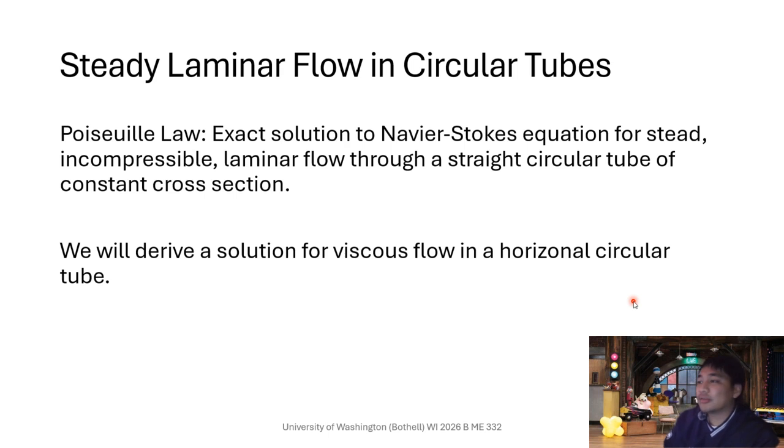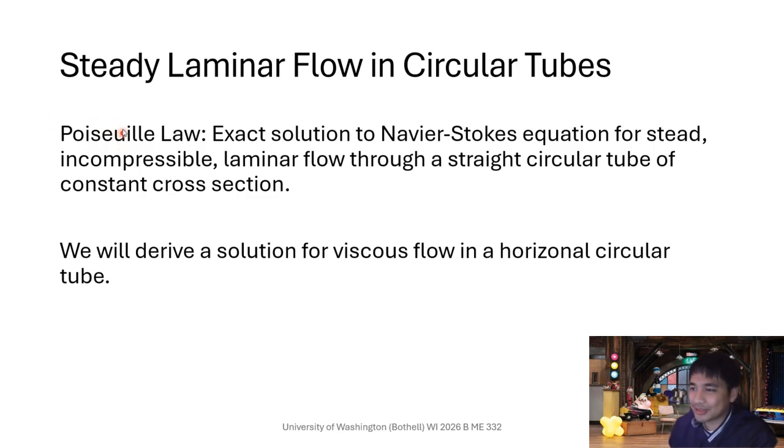Okay, so now we're going to go to something pretty important in the class. Not as important as Navier-Stokes, but it is kind of derived from it. This is a specific case for steady laminar flow in circular tubes. Bothell is mentioned in the textbook.